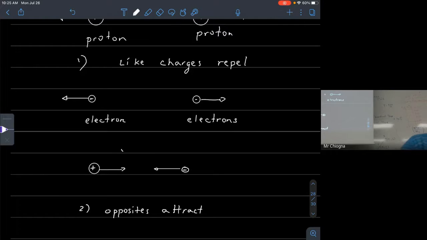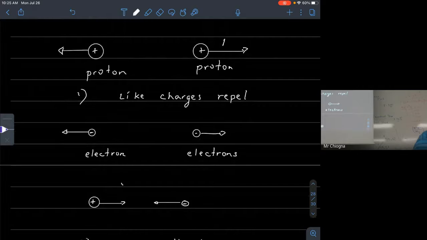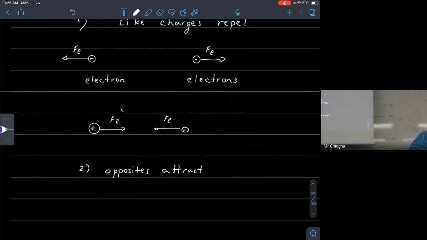Okay. So these are all electric forces. Like instead of Fg, we're going to start using Fe, electric force. You can call this object 1, object 2.